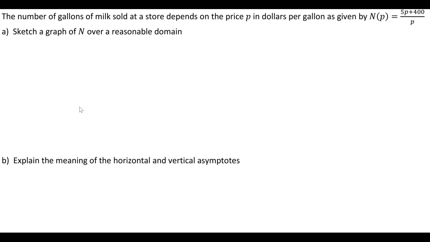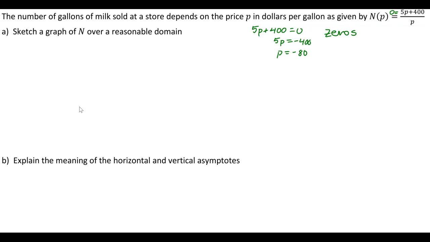We have N of p equals 5p plus 400 over p. So for zeros, I want to think about when 5p plus 400 is equal to 0. And that happens if 5p is equal to negative 400, which means p is equal to negative 80.